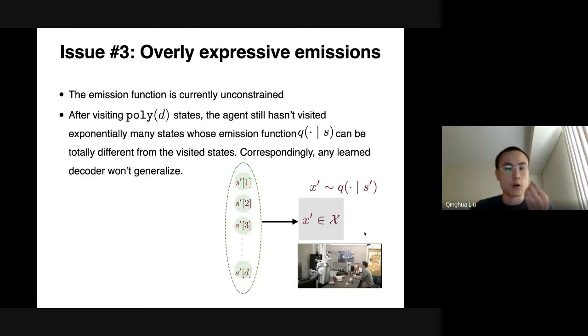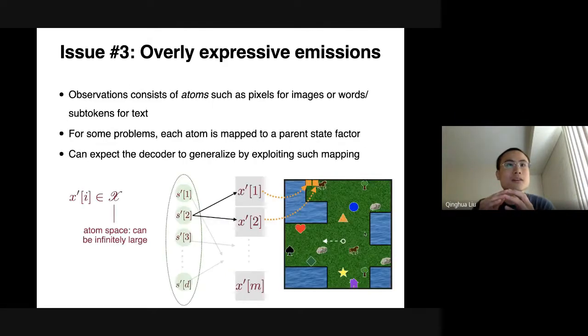And we achieve this goal by assuming the observations are made up of items. For example, if our entire observation is an image, you can imagine each item is just a pixel. Or if our entire observation is a sentence, each item can be a word. We further require each item to be mapped to a parent latent state factor.